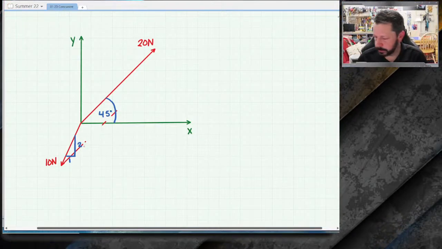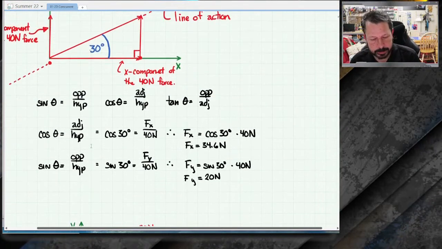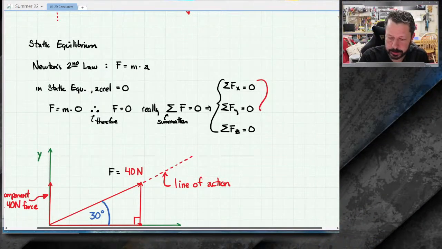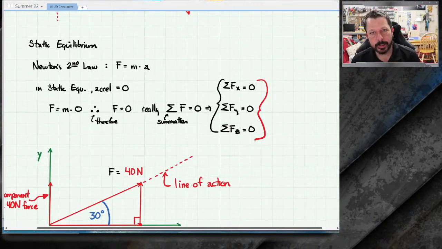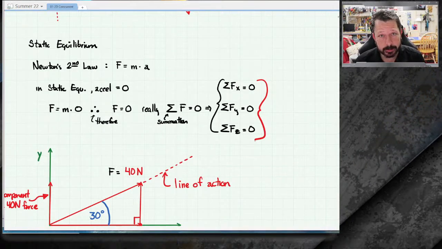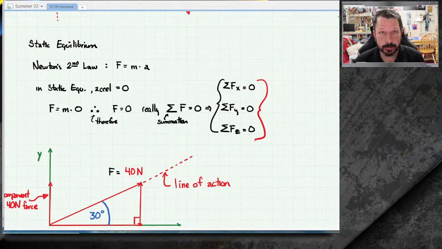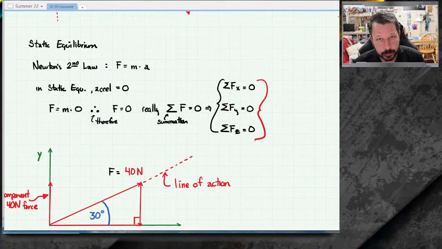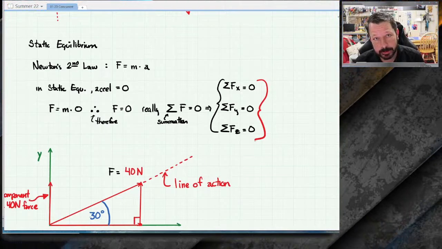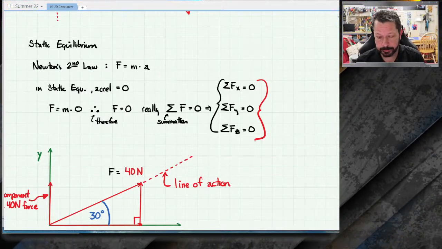And even though I said it's not in equilibrium, we can still use these equations when we're not in equilibrium, they just won't equal 0. We can still add all the forces together in the x direction. They'll just equal some number. And we can add all the forces in the y direction, and they'll equal a number. If those numbers equal 0, that's when we're in equilibrium.